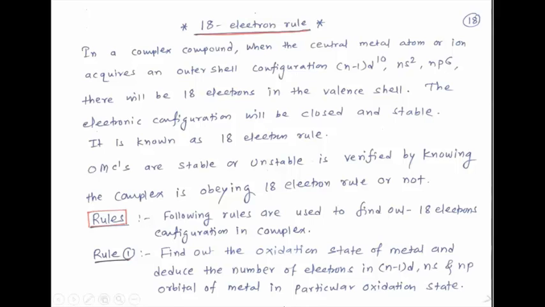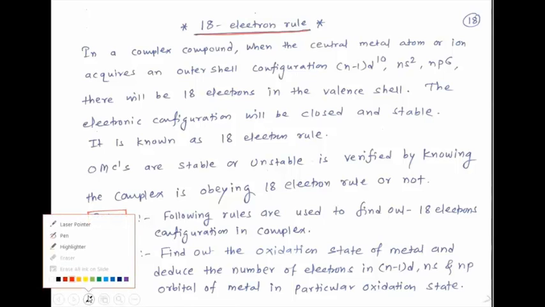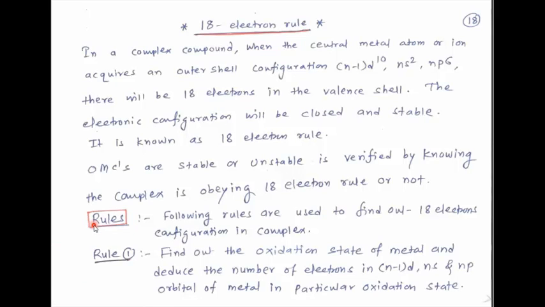We know that each element contains d orbital, p orbital as well as s orbital. When this d orbital, p orbital and s orbital are completely filled, that means the element in its electronic configuration contains 18 electrons. At that time, this electronic configuration becomes closed and stable, and this is known as the 18 electron rule.